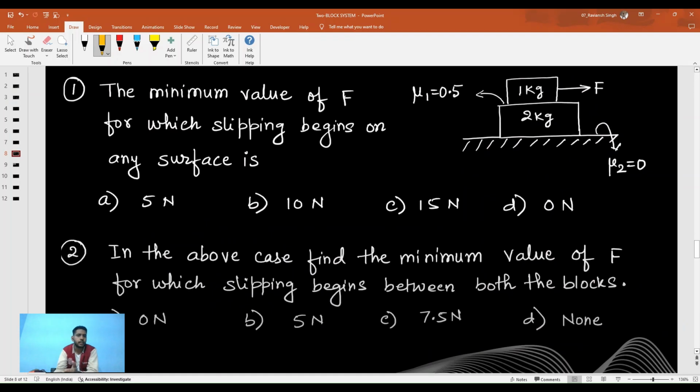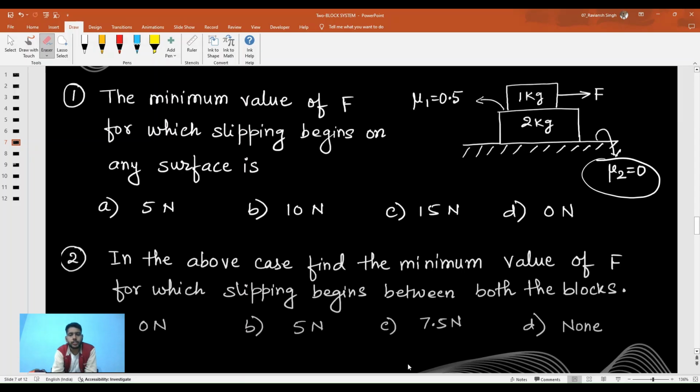Okay, so let us go to some elementary setup, an elementary question for you which I have just prepared. In this particular setup, we are given a two block system. Very basic. Force F is applied on the upper block, where the ground is smooth and the friction between the two blocks is given as 0.5.